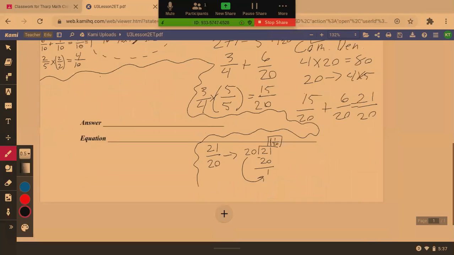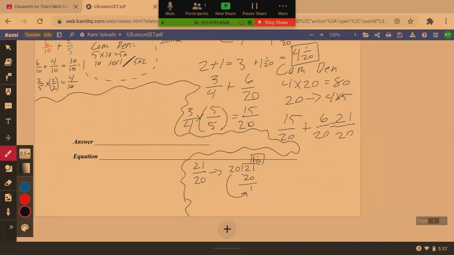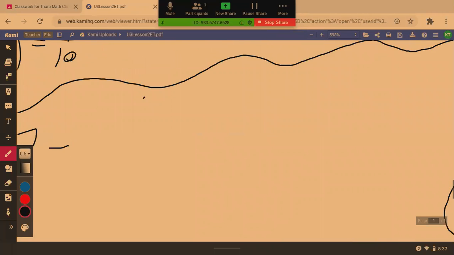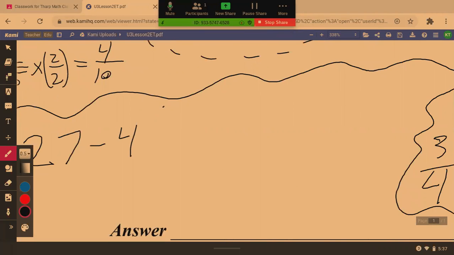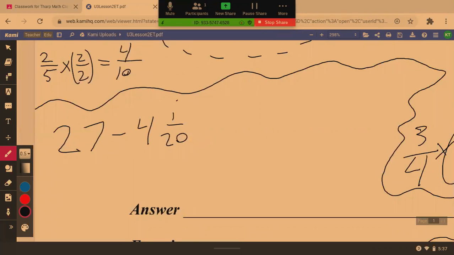Isolating my work. So I'm going to do 27 minus 4 and 1 over 20. So we simply subtract the whole numbers. So 27 minus 4, and I'm left with 23.